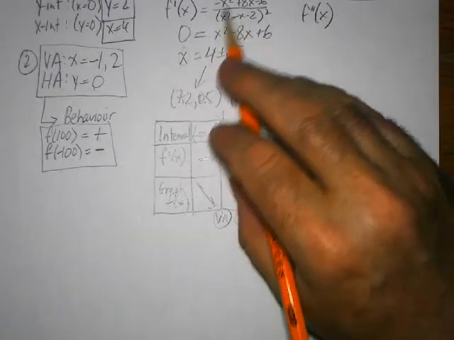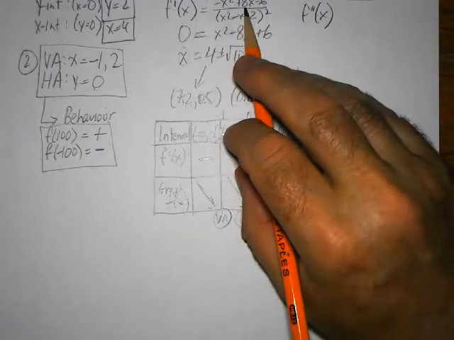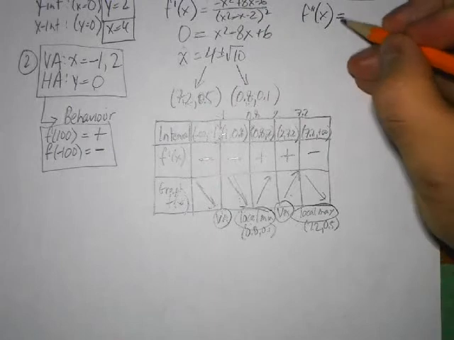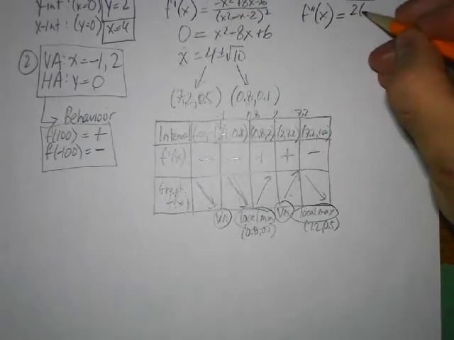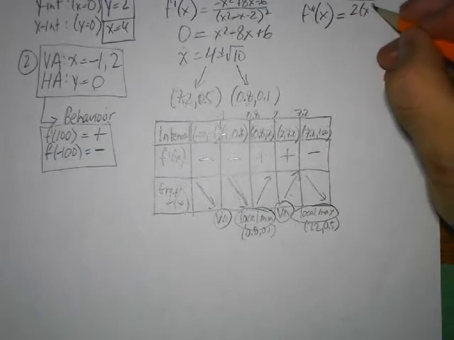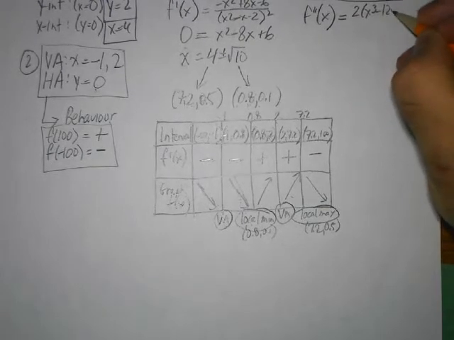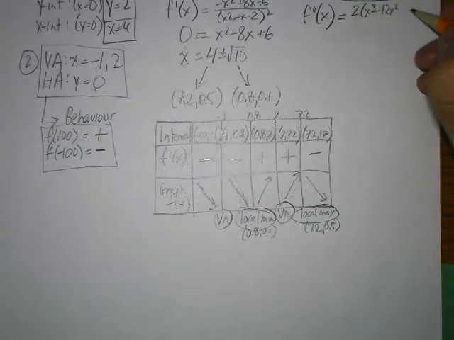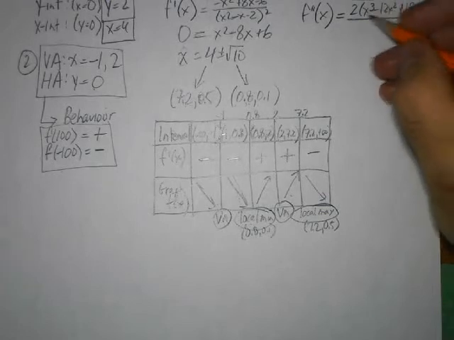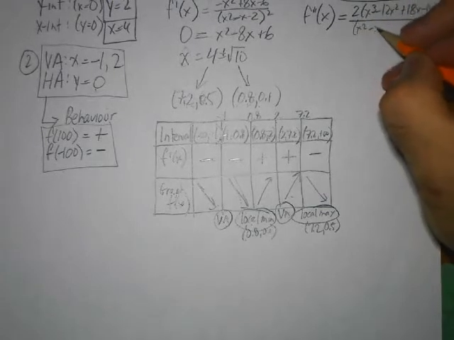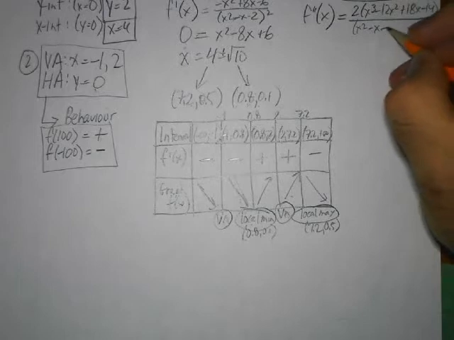If I did a derivative of that, I'll actually put the final result. You get this: 2 times x cubed minus 12x squared plus 18x minus 14, all over x squared minus x minus 2 to the power 4.